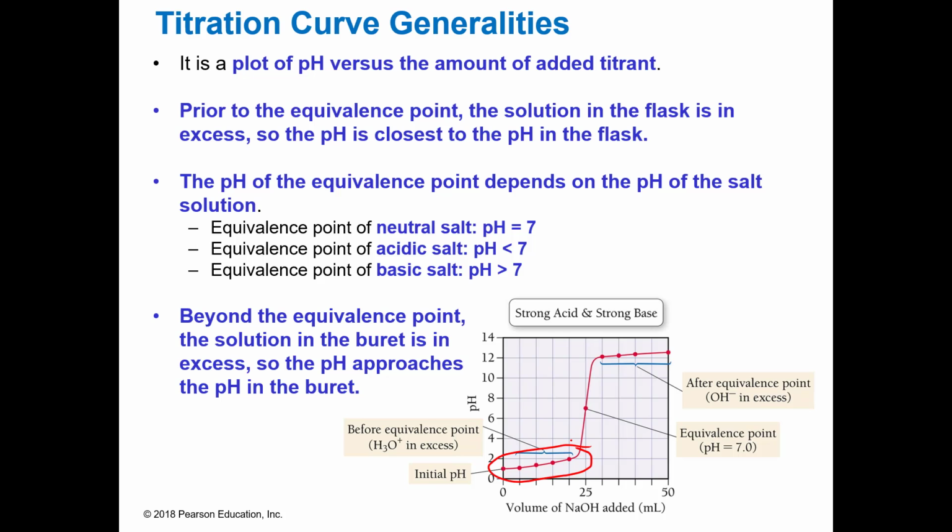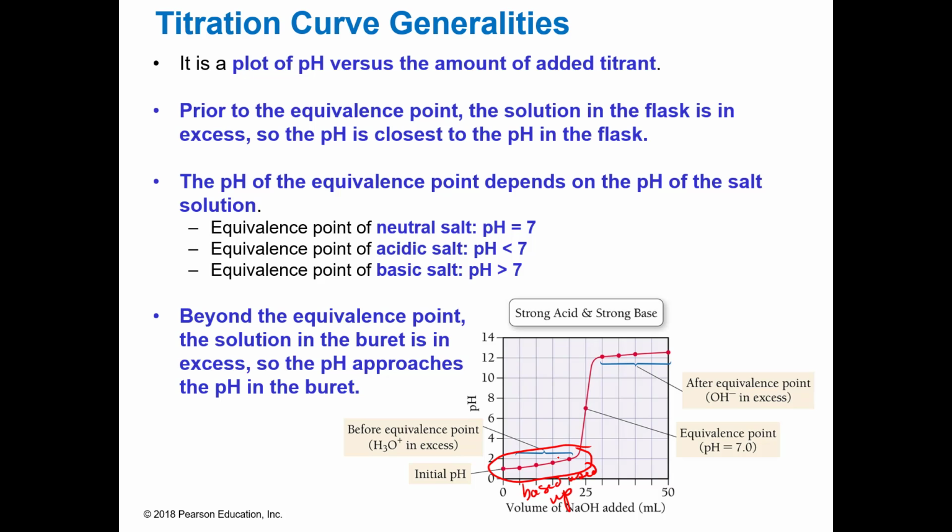As you're adding base to it, the base is being used up, and so all you have in here is acid. So you just find the new equilibrium, and then you can figure out what those concentrations are.